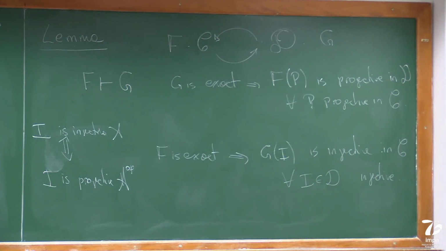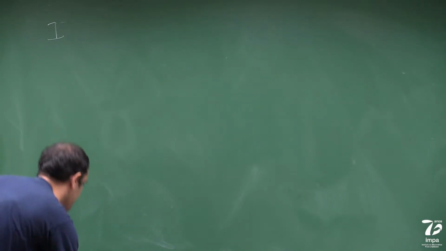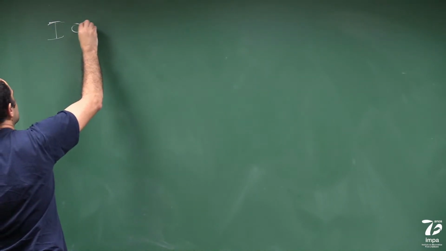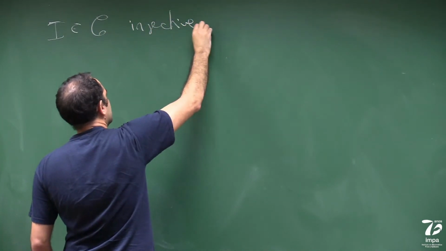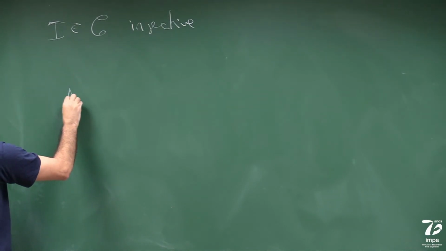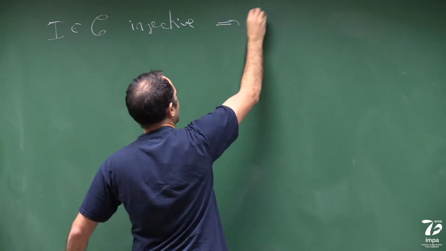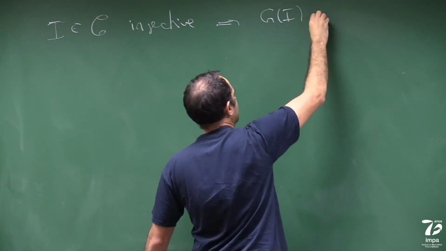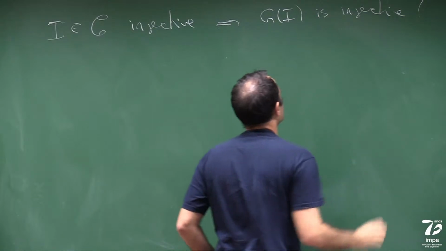Let's take I in C to be injective. And again, what does this mean? This means that I want to check that G of I is injective.